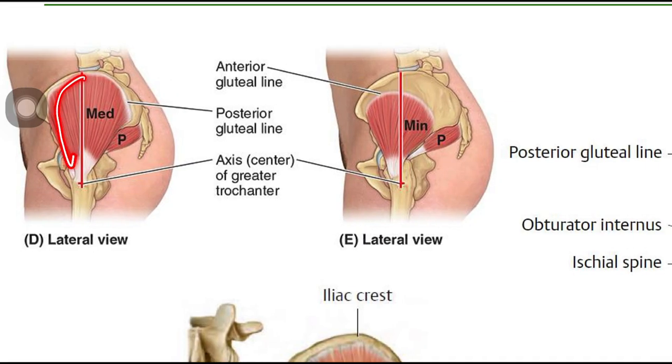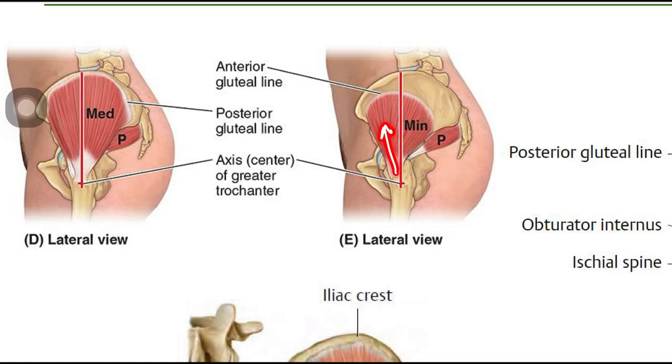Also take a look here. The anterior portion of these muscle fibers can also help to medially rotate the thigh. So when this anterior group contracts, take a look at the attachment site.